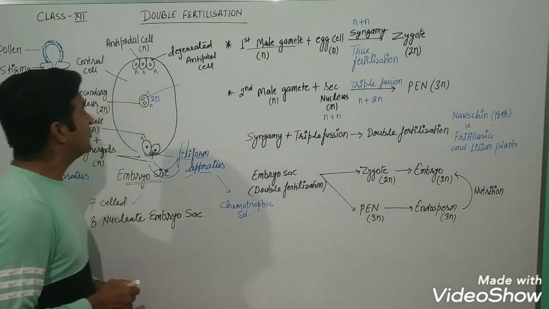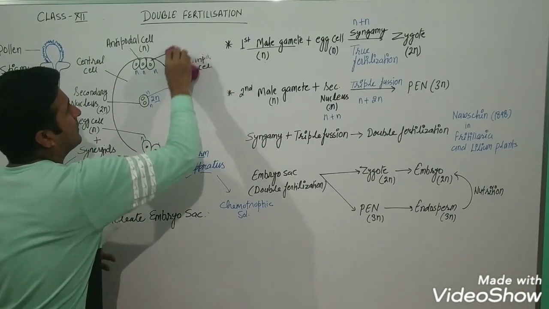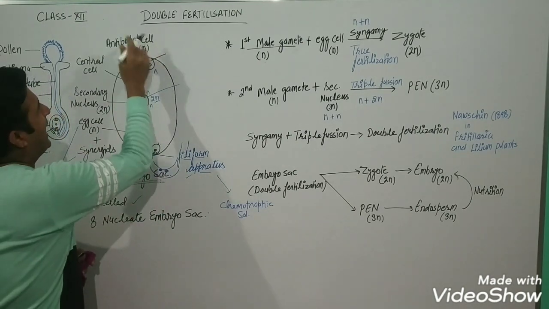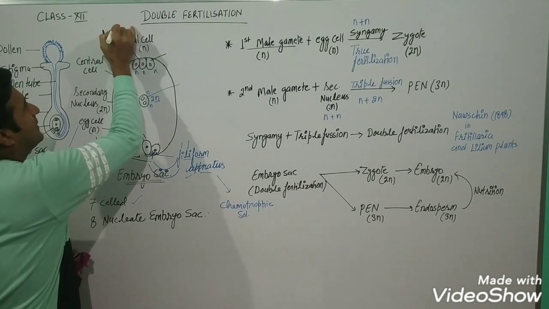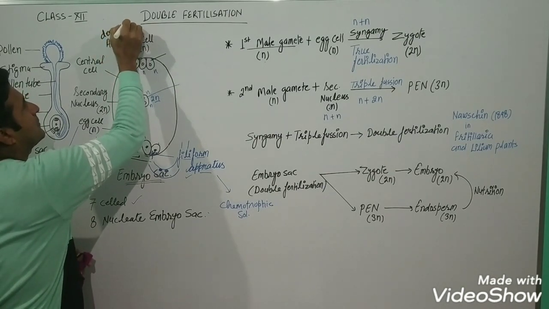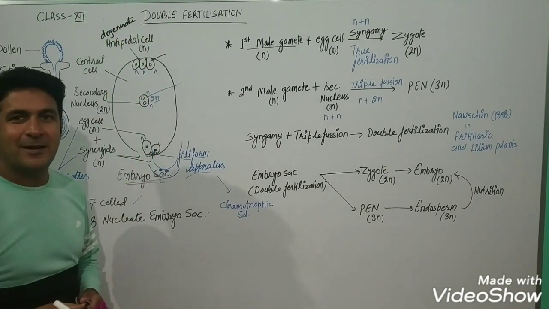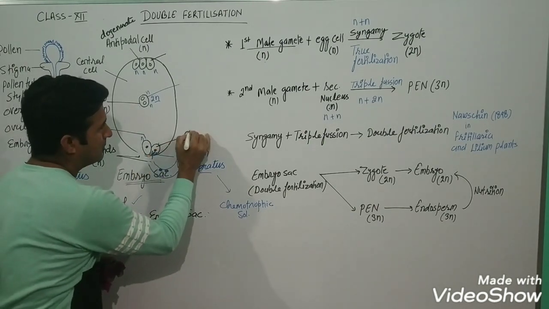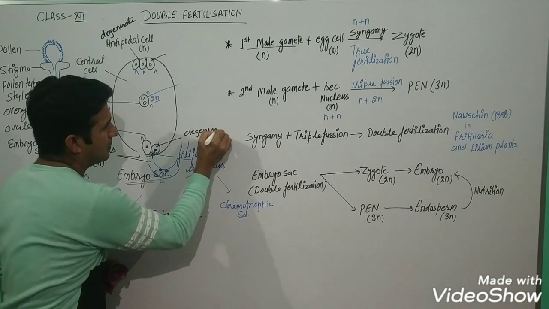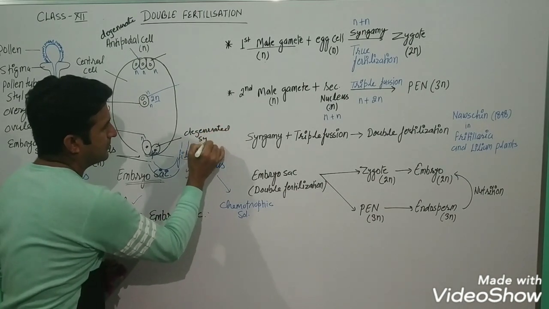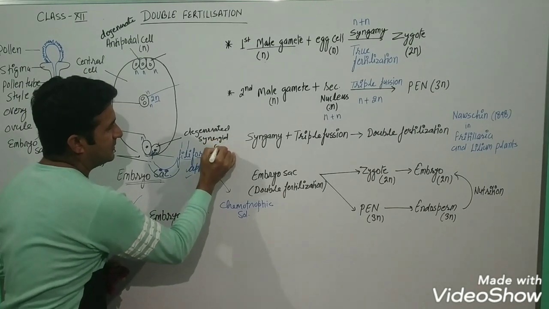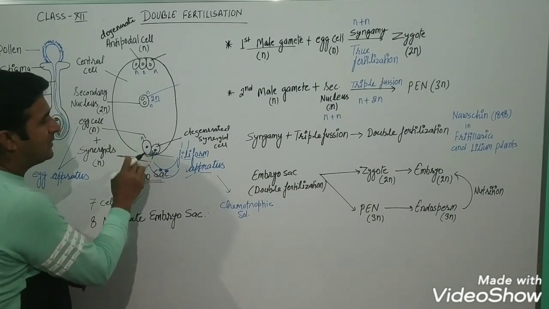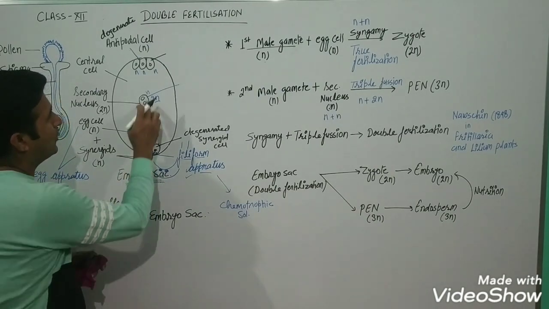First of all, after fertilization the role of the antipodal cells is finished, and these antipodal cells will degenerate. Synergid cells will also degenerate. The egg will synthesize the zygote.